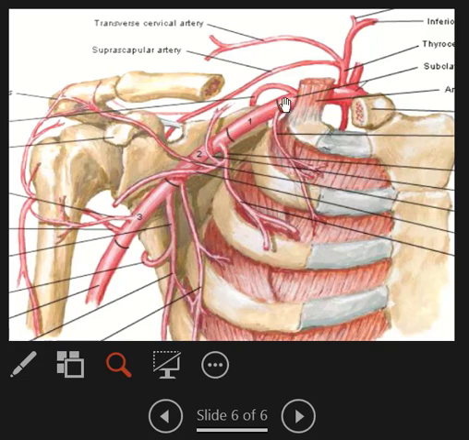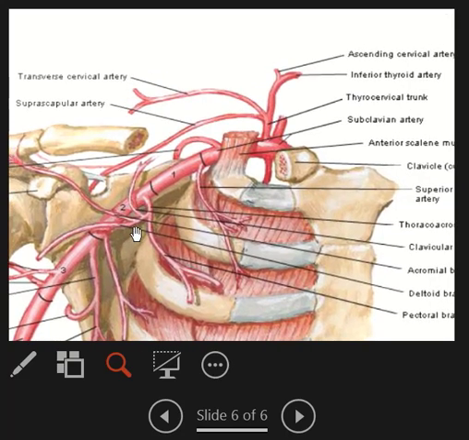After passing the outer border of the first rib, the name changes into axillary artery that supplies the chest wall and upper limbs. This is the internal thoracic artery. This is the vertebral artery. This is the thyrocervical trunk with 3 branches: inferior thyroid, transverse cervical, and finally suprascapular artery.